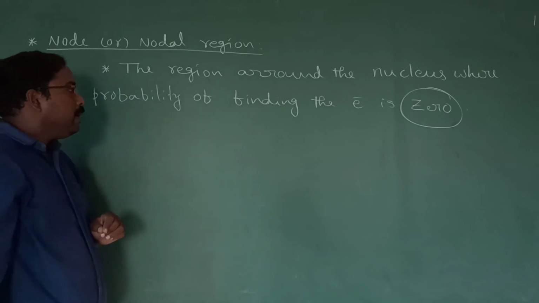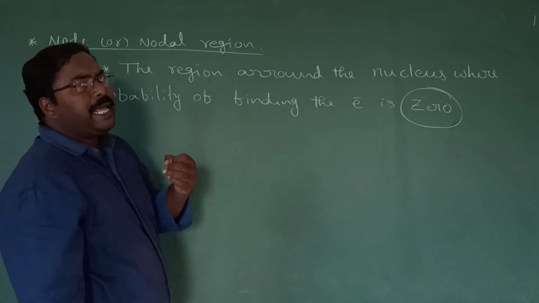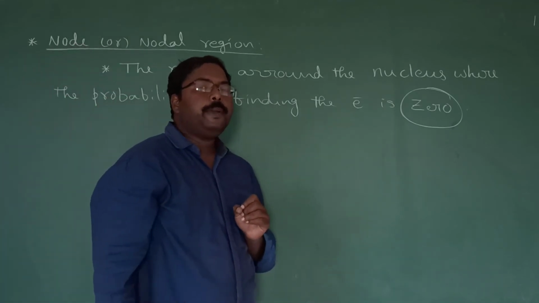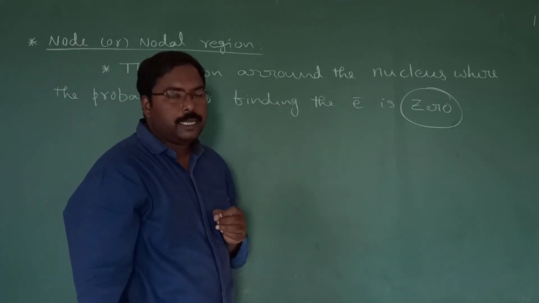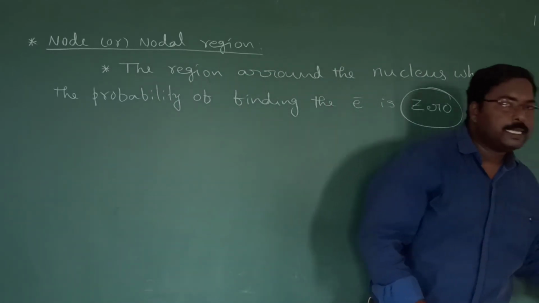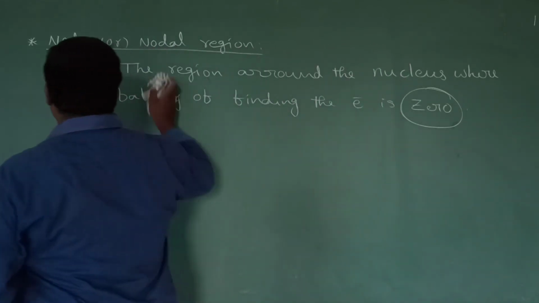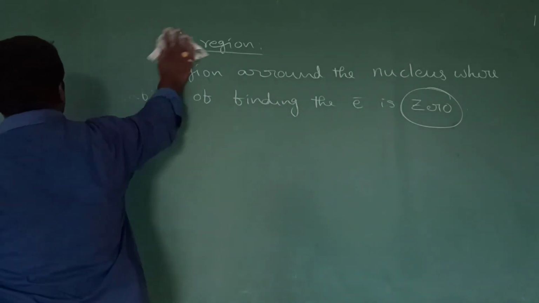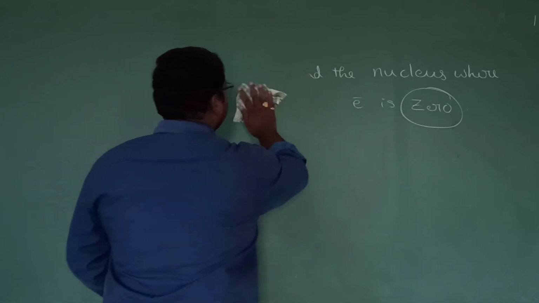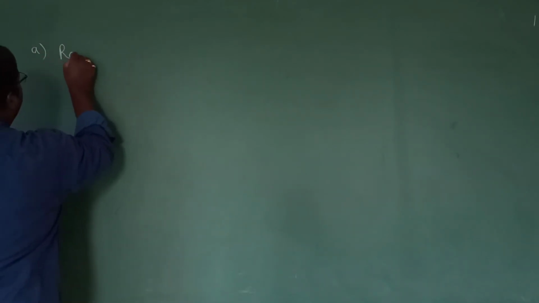Then let us discuss the different types of nodes. There are mainly two types of nodes: one is radial node and the other one is angular node. Now first coming to the radial node.